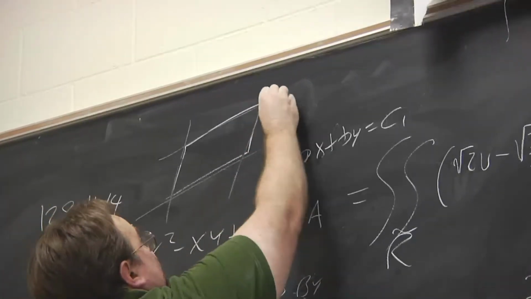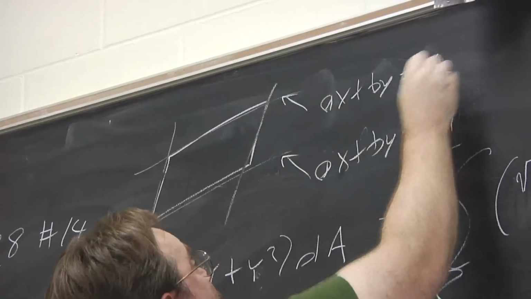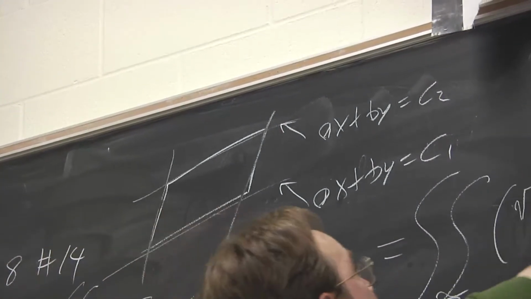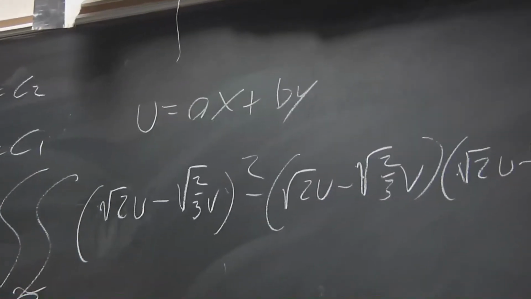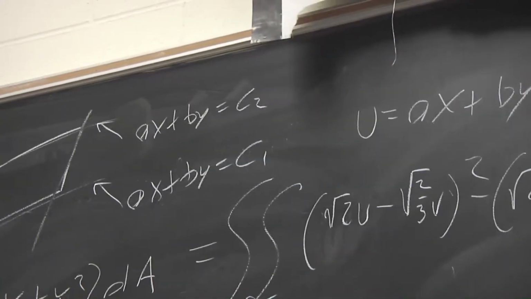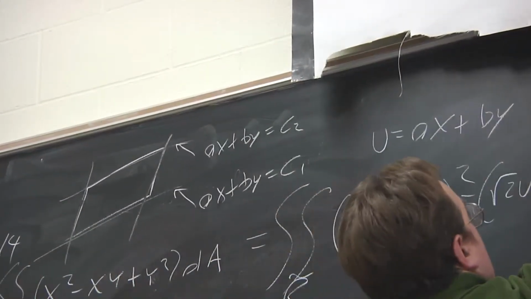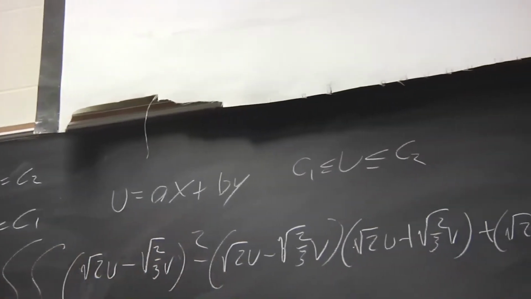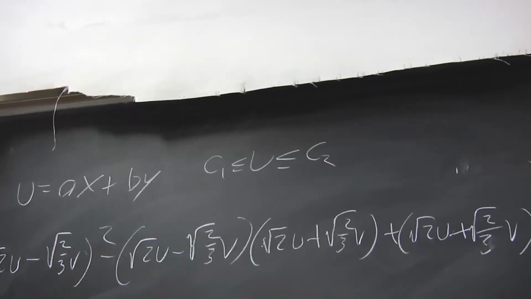And it's a parallelogram, so same thing, ax plus by is equal to a different constant. So you figure, well, let's let u be equal to ax plus by. So now you have a transformation that's going to map this into a rectangle where u is going to be between C1 and C2. So this is a nice standard technique when you have something nice like a parallelogram.